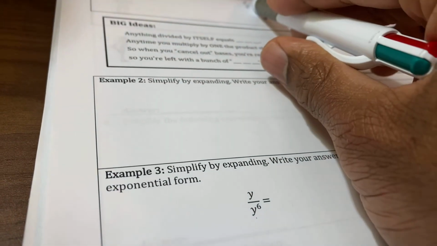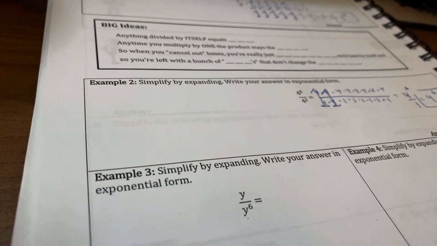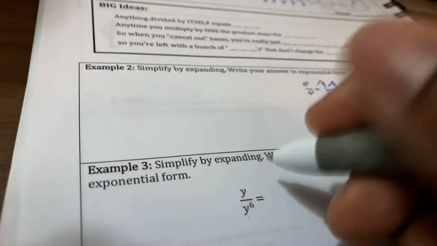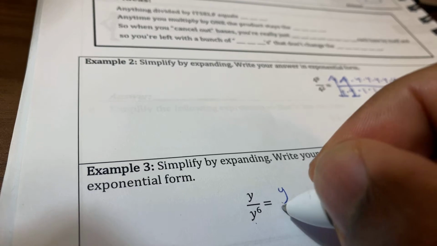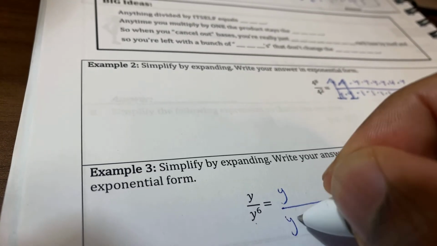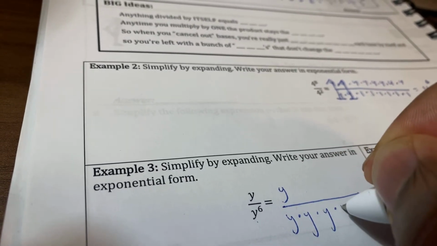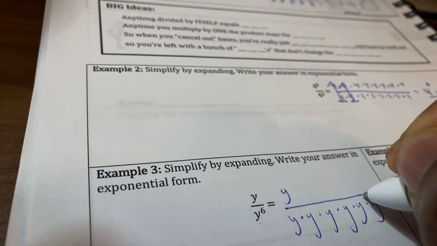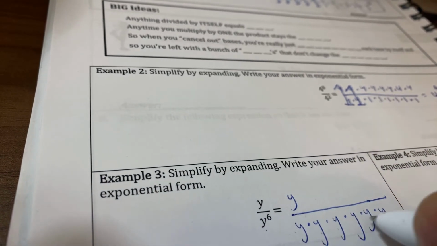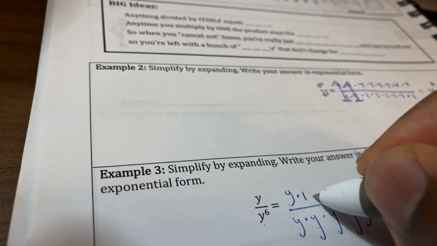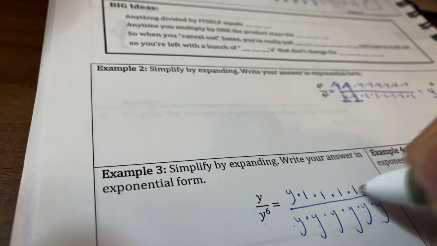Look at example 3. Let's go ahead and expand this. What do you notice is different here compared to the other examples? That's right, we have more factors in our denominator. This is going to be y over y times y times y times y times y times y, 1, 2, 3, 4, 5, 6. But just to keep things organized, don't forget there's always someone there. What do you think your answer is going to be?